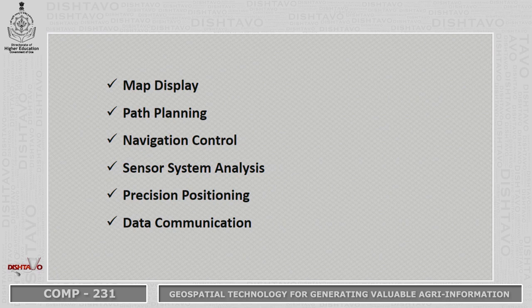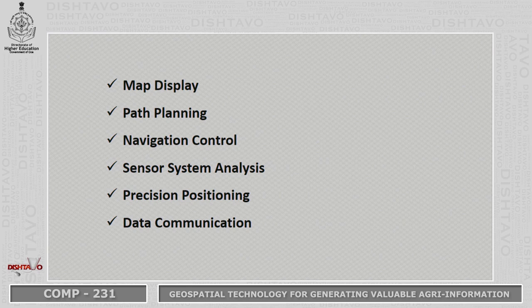The next one is precision positioning. With the help of remote sensing itself, a typical location will be identified where the inputs need to be placed or given at priority level. For example, suppose not the entire field, but a particular zone of the field requires a nitrogenous fertilizer, so the farmer will be guided accordingly where the urea or other nitrogenous fertilizers can be provided to that particular zone itself, not to the entire field.